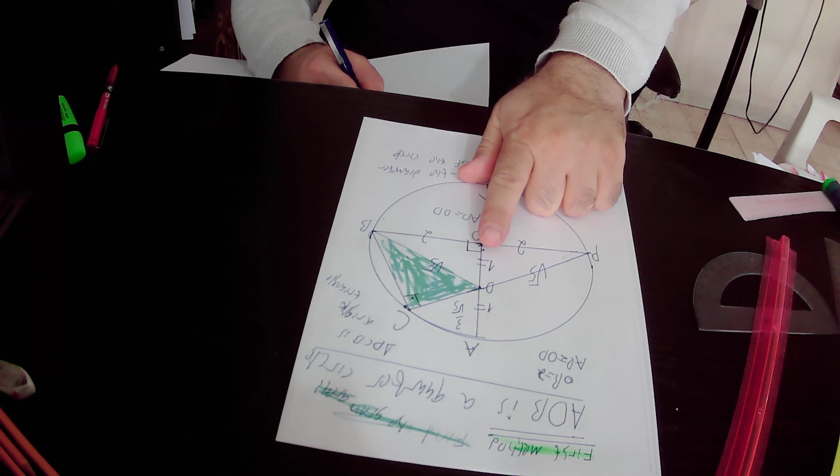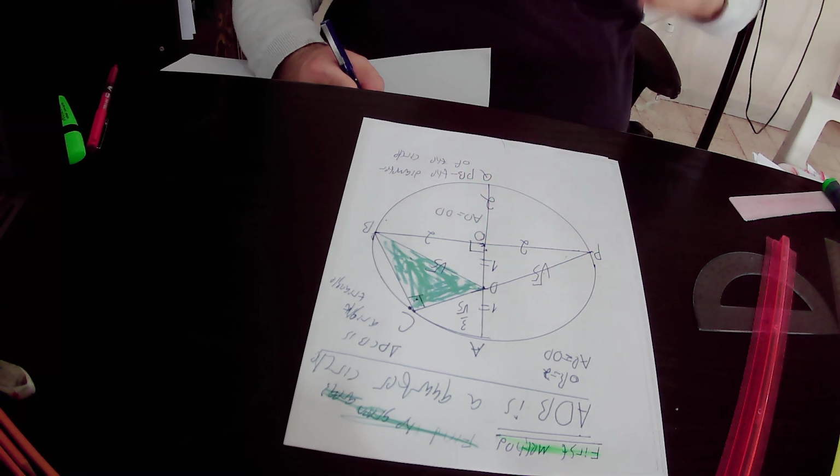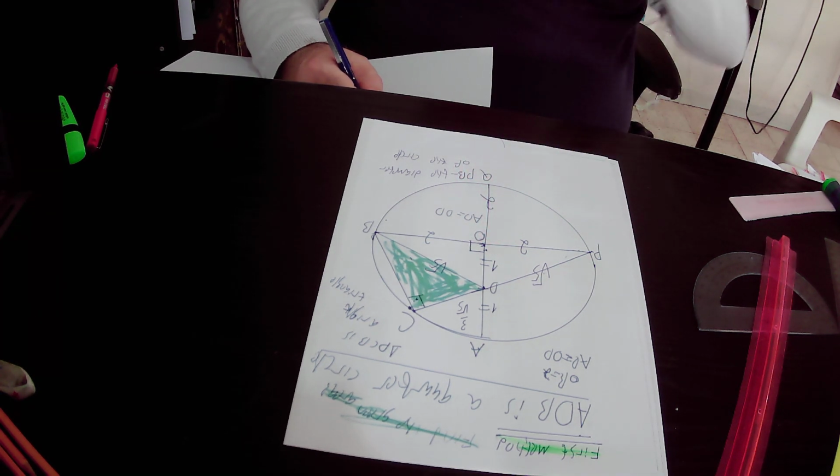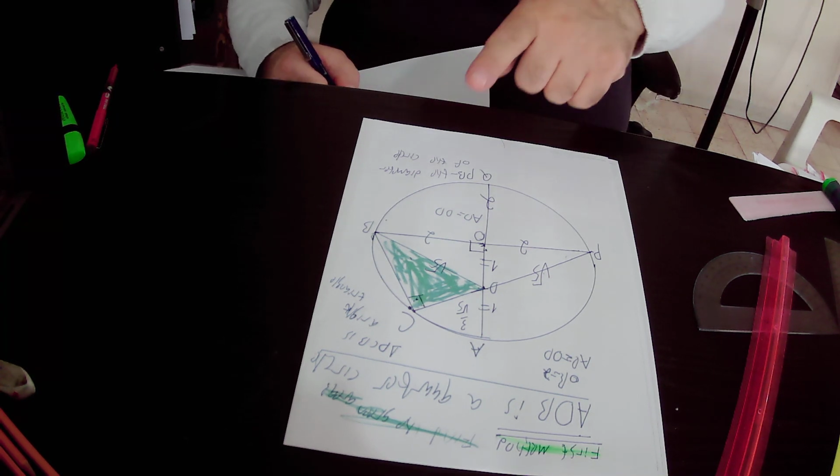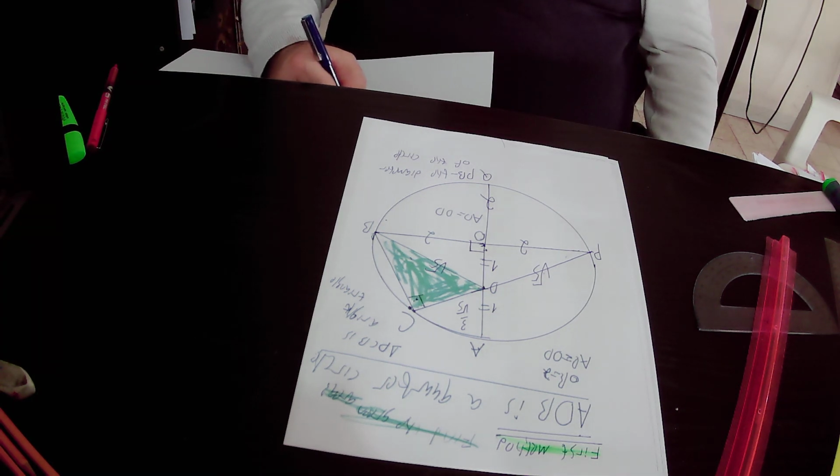DC is 3 over square root of 5, so DC square is 9 over 5, plus CB square. CB is the unknown segment.